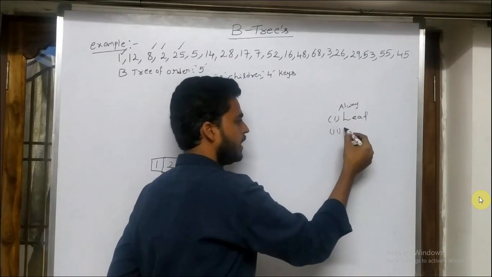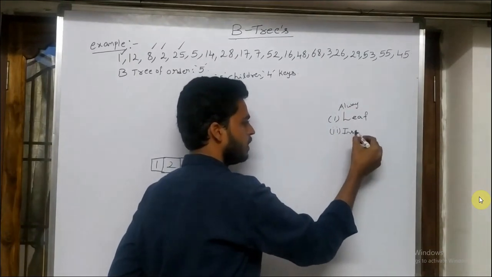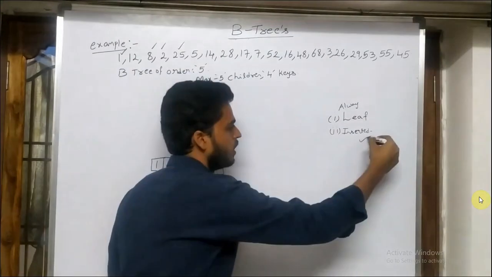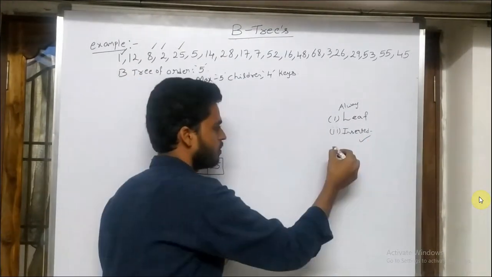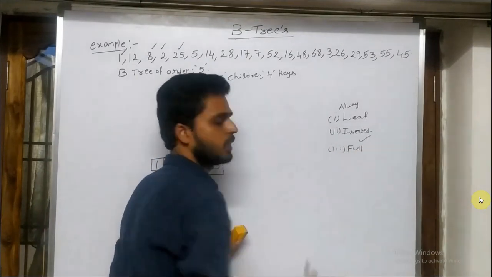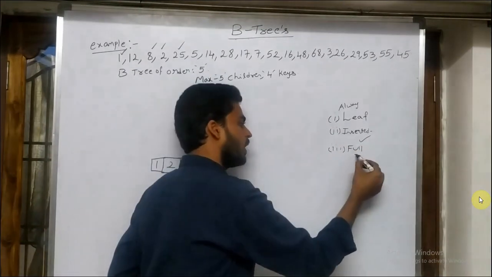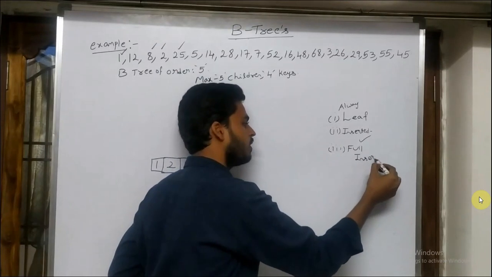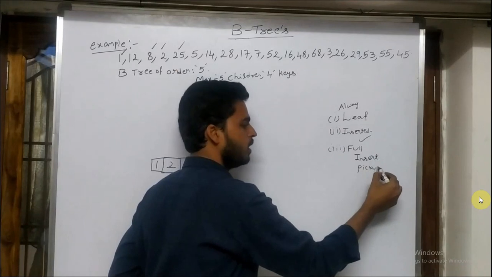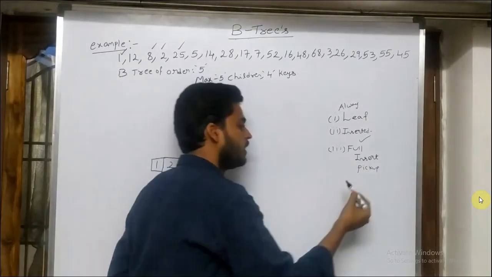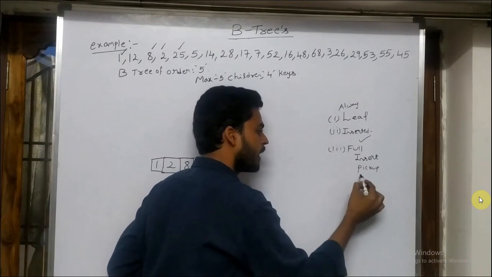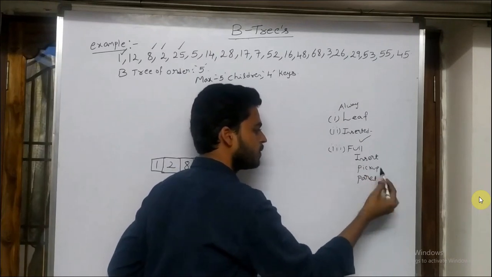If the node where data is inserted is not full, then I can directly insert there. If the inserted node is full, we need to insert there, and then we need to pick up the middle element, and then make that middle element a parent.